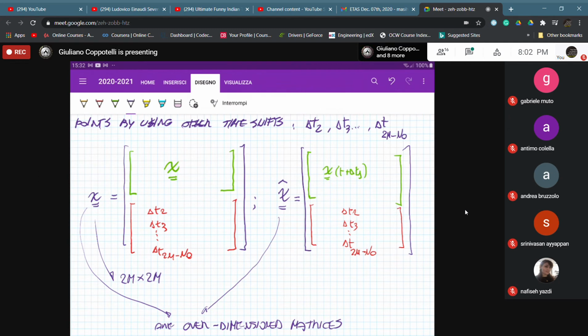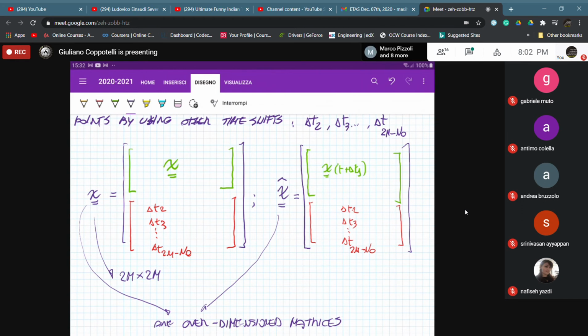Then, in order to have a square matrix, you can add many rows until you reach the square dimension of your chi and hat chi matrices. You can have the estimate of your modal parameters in terms of natural frequencies and damping ratios from the eigenvalues of your state transition matrix that you can build from these two chi and hat chi matrices.